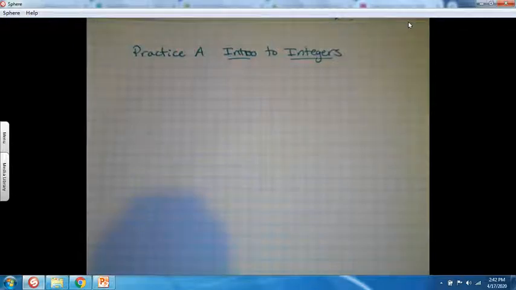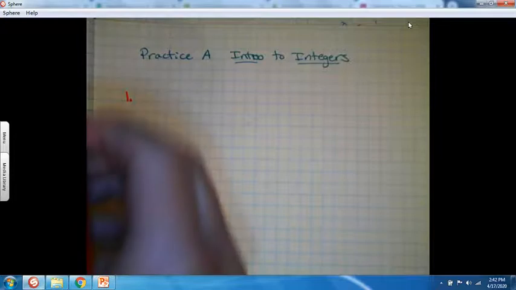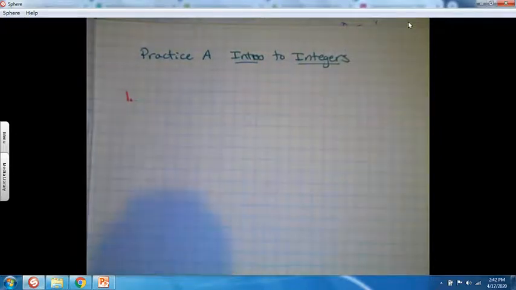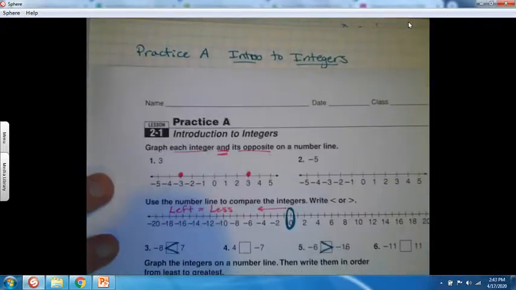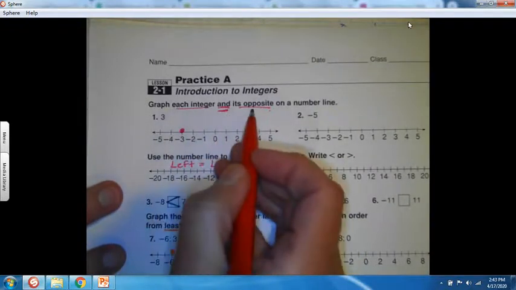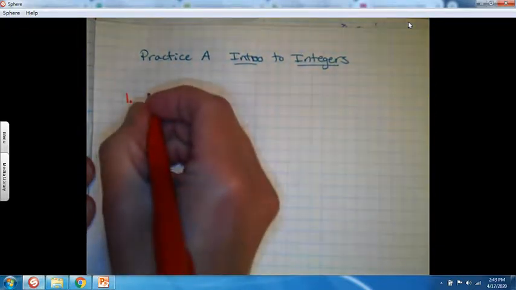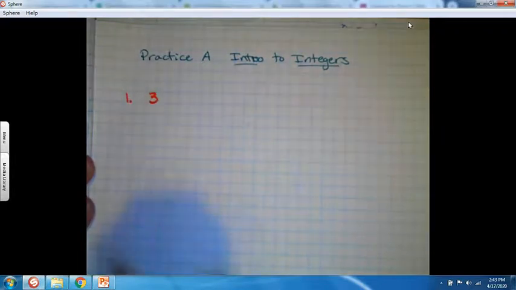Okay, so number one, the directions say they want you to graph each integer and its opposite on a number line. The integer they're giving us is 3, and they want you to graph it on a number line.